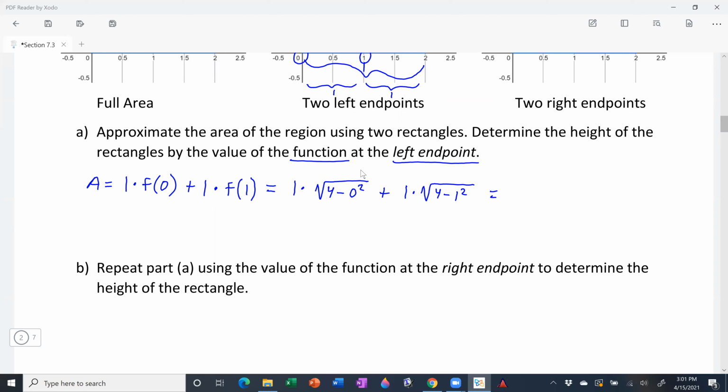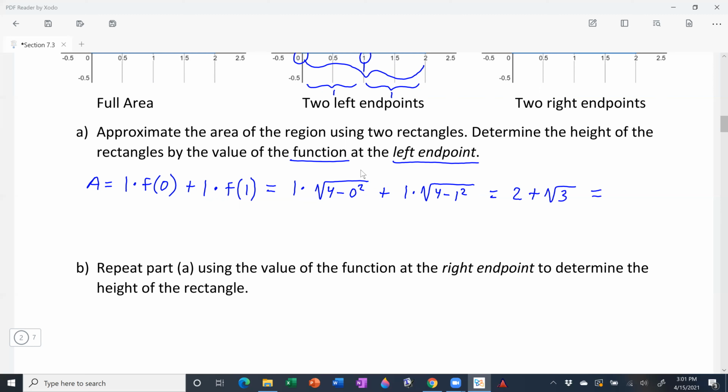A lot of times with these, you would just use your calculator right from the beginning, but here I wanted to really show you this is length times width for each of these rectangles. So 1 times the first one is just the square root of 4, which is 2. And then 1 times the square root of 4 minus 1 squared is the square root of 3.